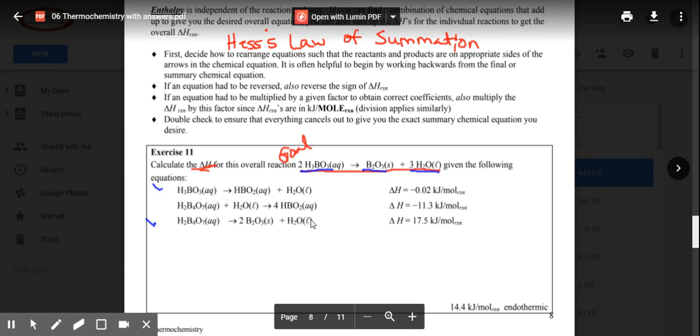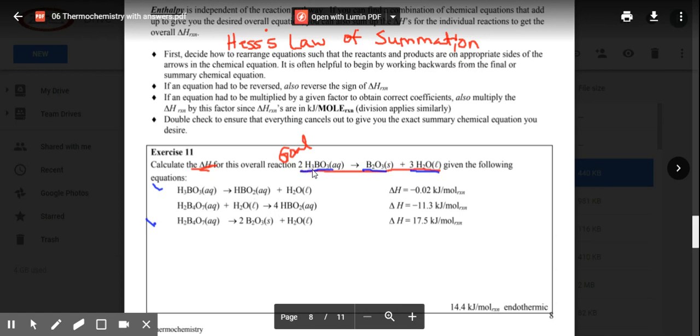But do you see how there's some water in the liquid form on my reactant side? It isn't always going to work out this way, but I'm more than likely going to want to flip this reaction to get that on the other side. So let's just push that aside for right now, and let's look at the other stuff.